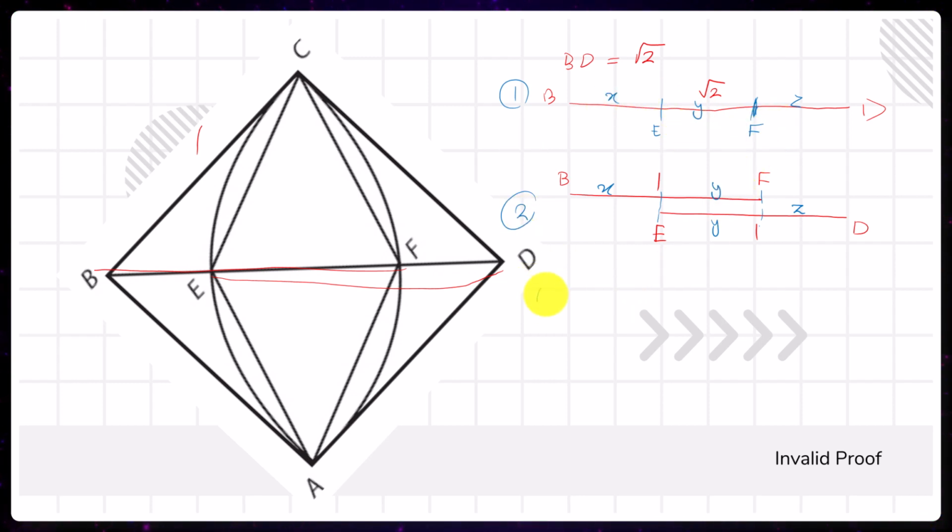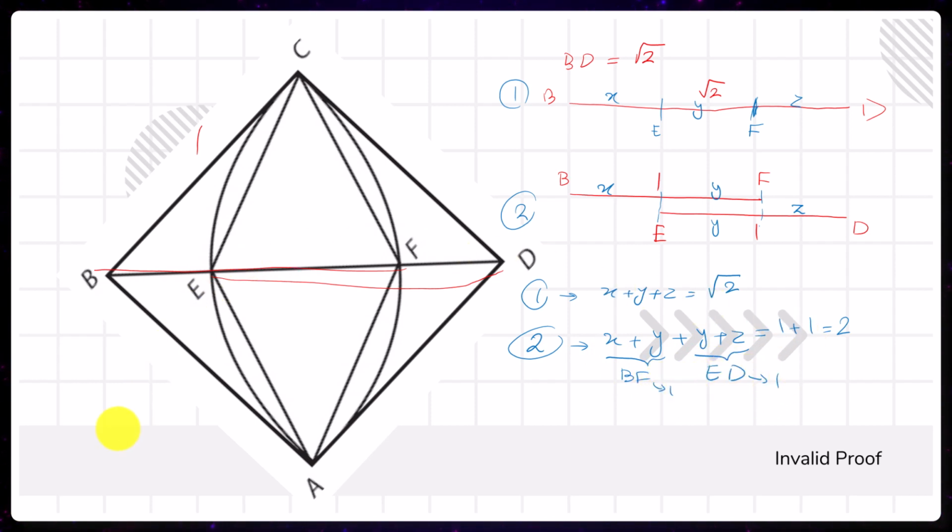So from the first one, we have x plus y plus z equals square root of 2. And from the second one, we have x plus y, which is BF, plus y plus z, which is ED, equals 1 plus 1, first grade, equals 2.